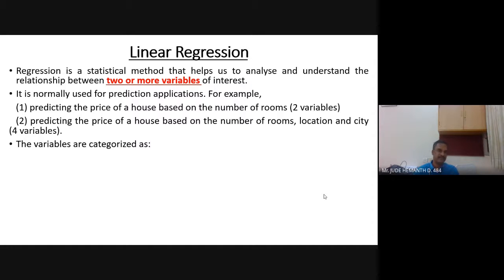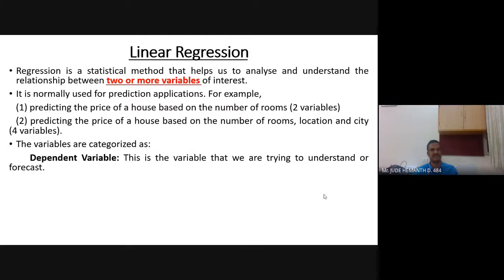So how can we categorize these variables? In all the regression algorithms or methods, you will repeatedly come across this definition, dependent variable. So what is a dependent variable? This is the variable that we are trying to understand, forecast or predict. In other words, when you look at our application, the price of the house is the dependent variable.